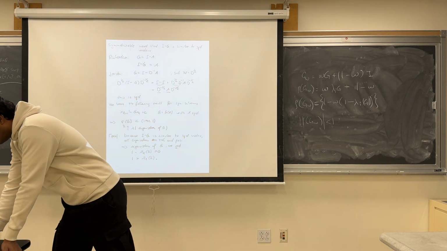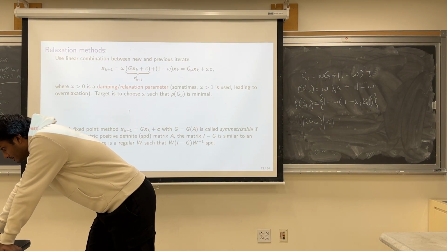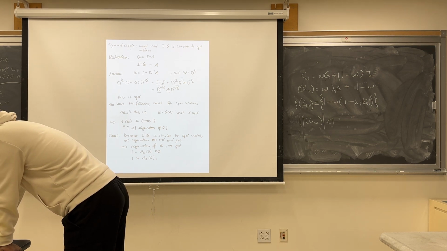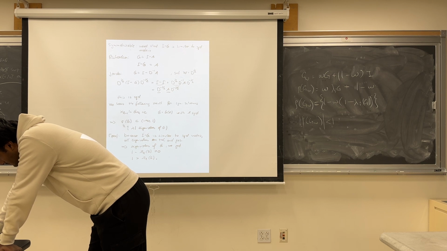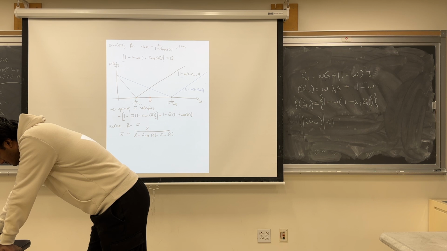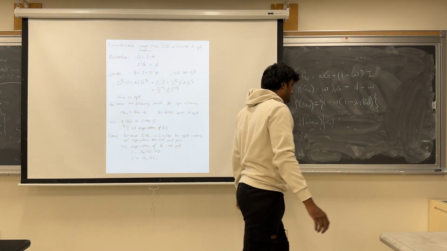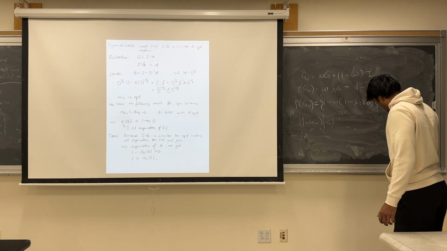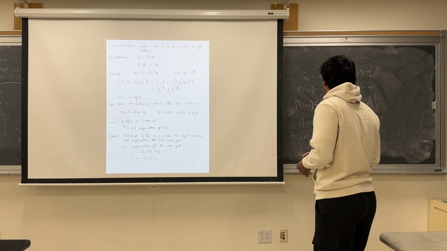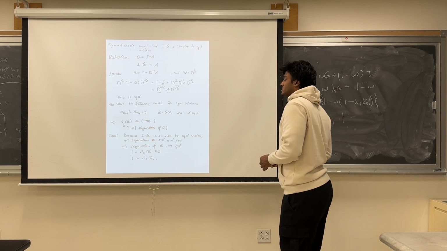I did not use that A was symmetric positive definite anywhere to say that the eigenvalue of G is less than 1. Yep, so this is something that's understood.